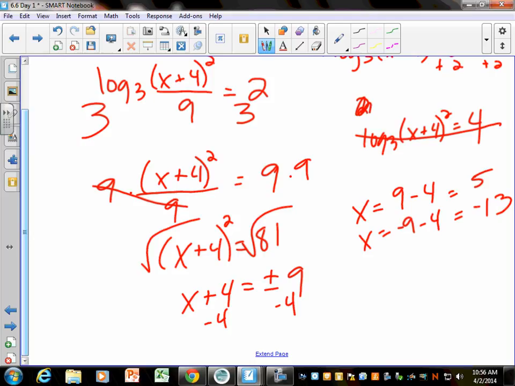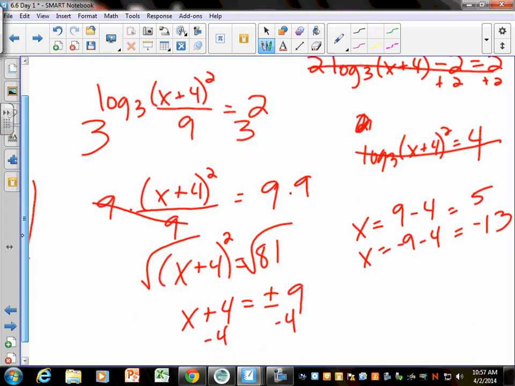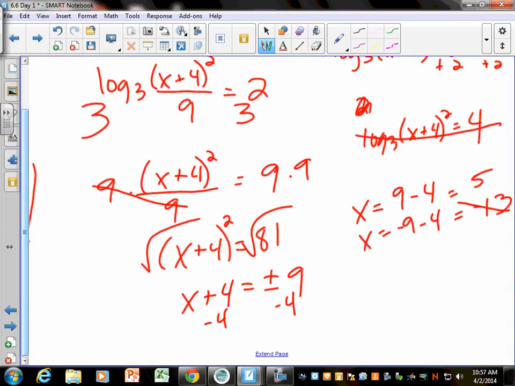Did you get 9 and negative 13 in your crazy way? I didn't finish it because it's like, yeah, but if it's both sides, that's why you do. Oh yeah, I forgot I was at the log 3 both sides still. You're good. I think negative 13 does not work, so 5 is the only answer.